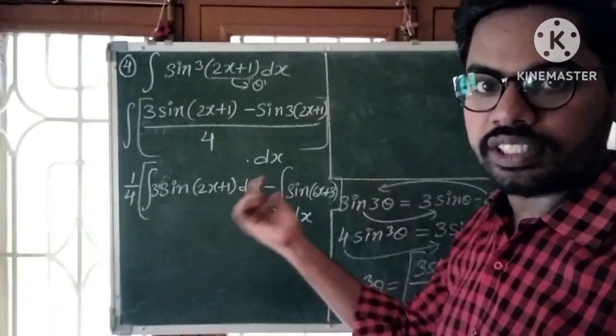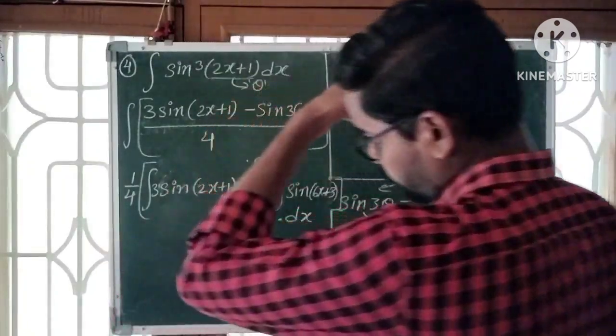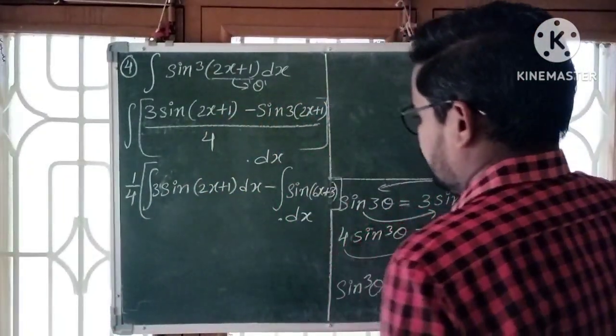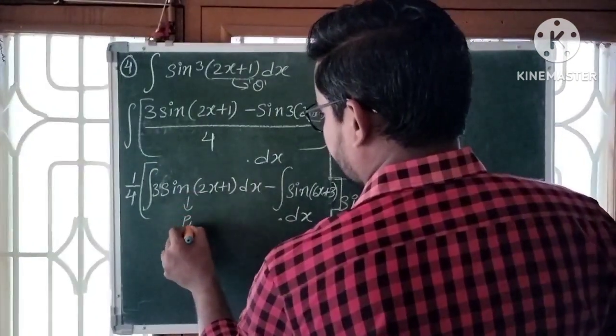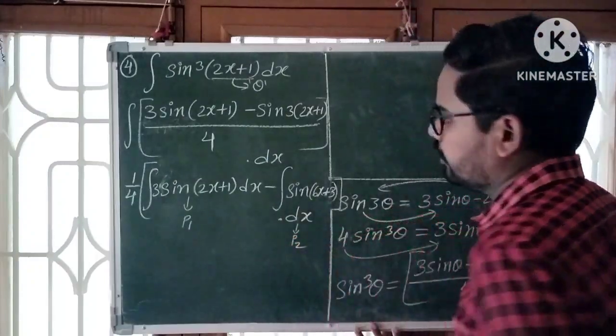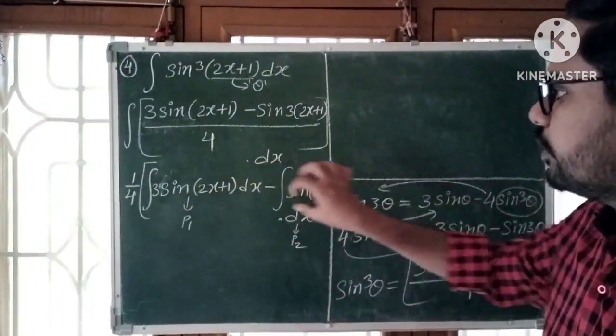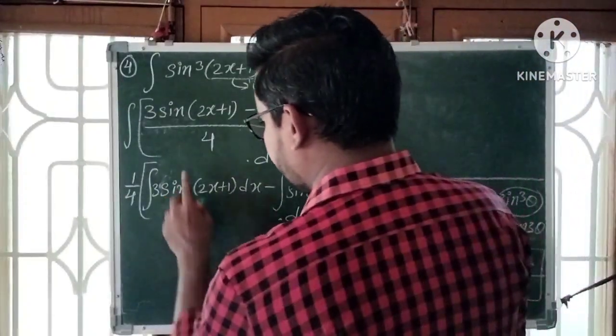So we distributed the integral. Now let us make it into two parts. This integral is part 1, and this integral is part 2. Let us find the integrals of these two functions separately.